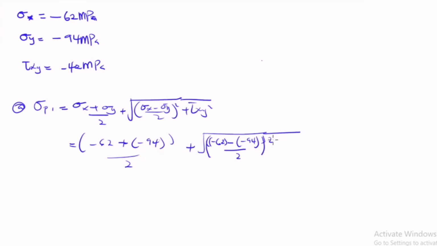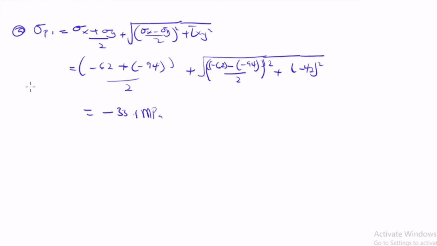Note that their units are in megapascal, plus the negative 42 all squared. So when you do that correctly, the first principal stress will give you negative 33.1 megapascal.